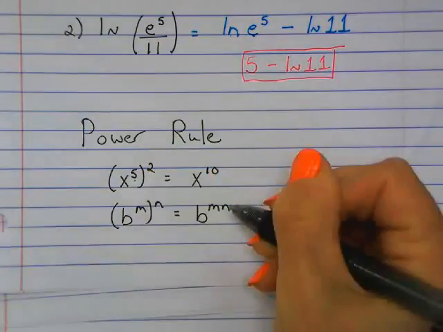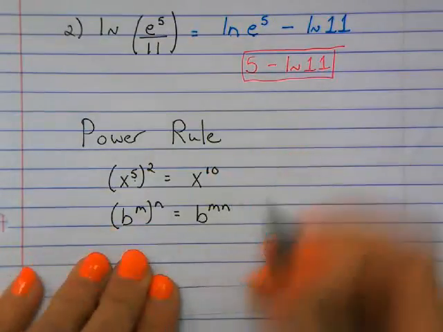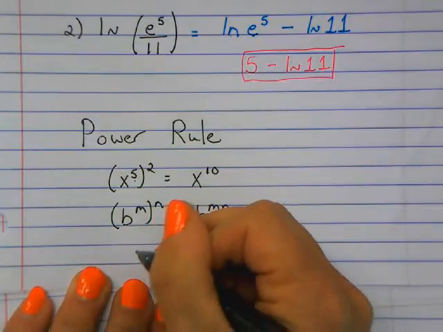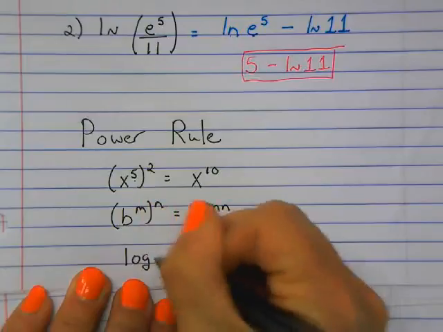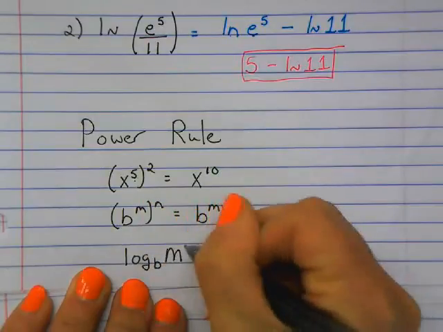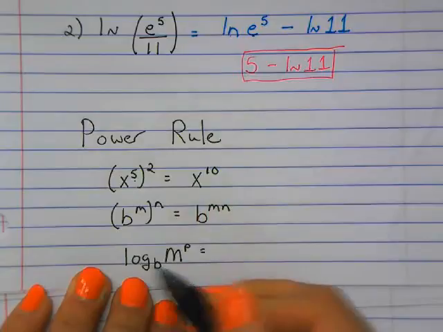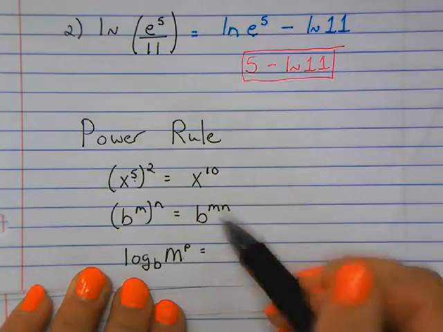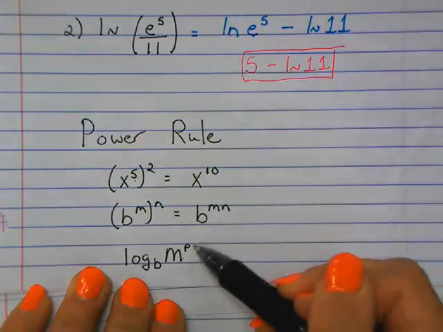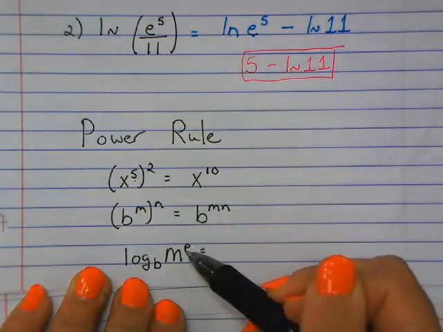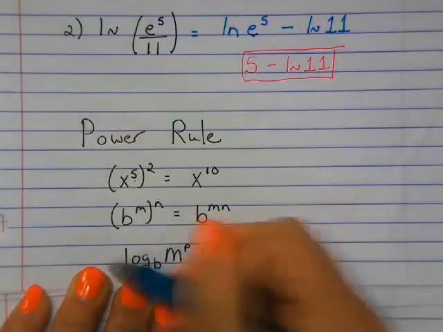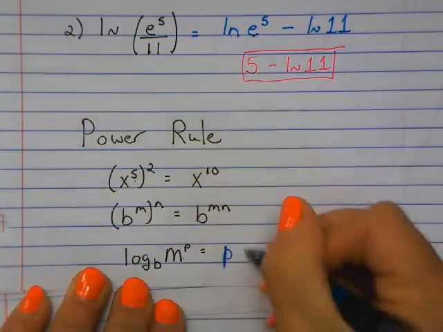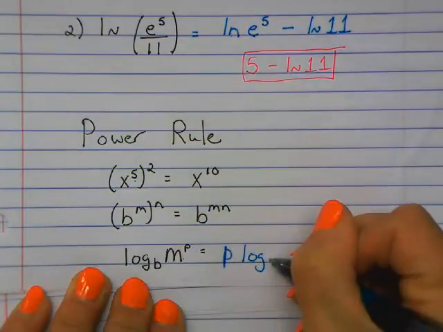And so in logs, if you have a log base b of m raised to a p power, again here the power rule says that you're going to pull the exponent out in front, because remember that's multiplying when you pull it down.